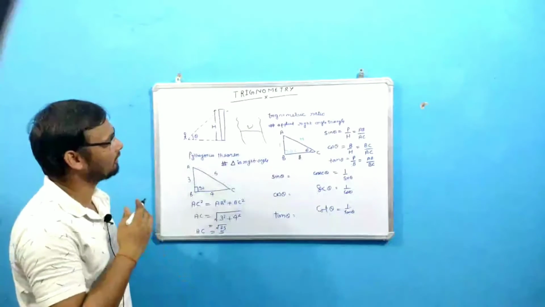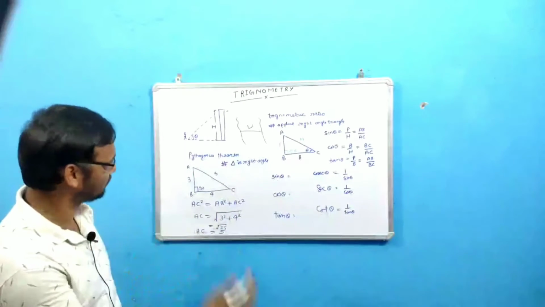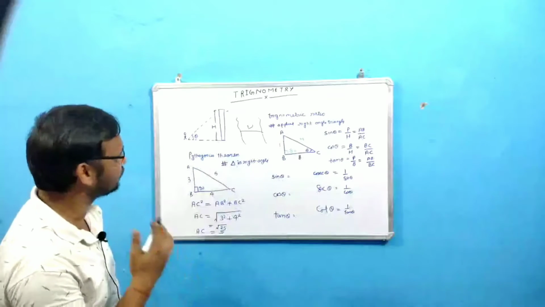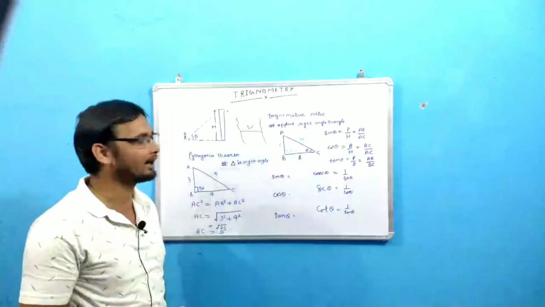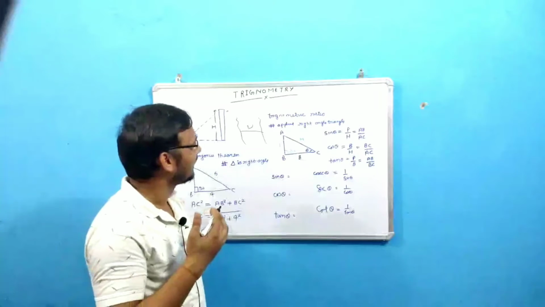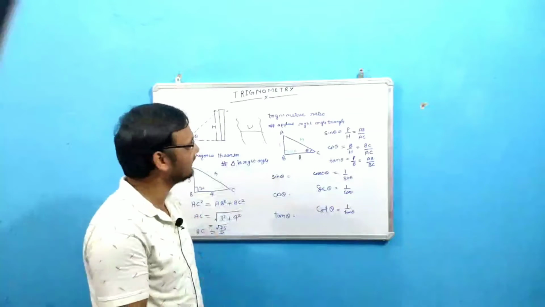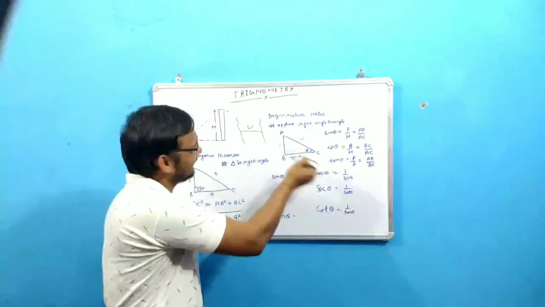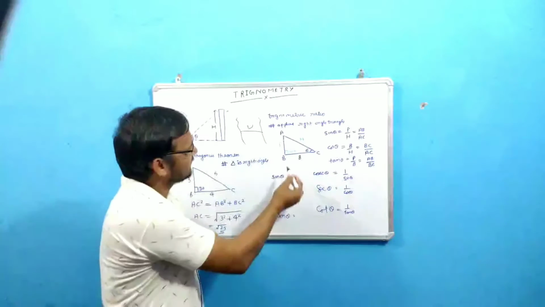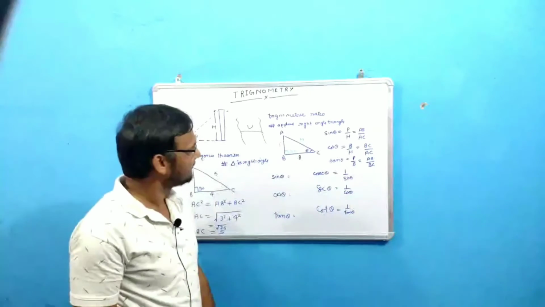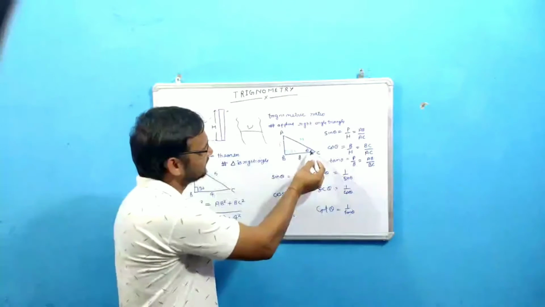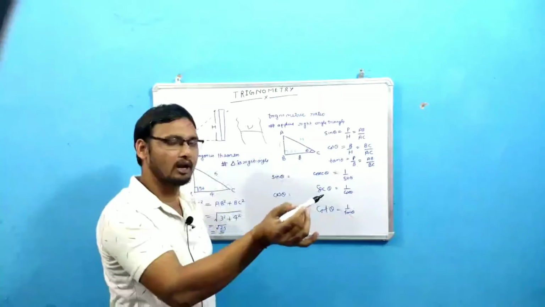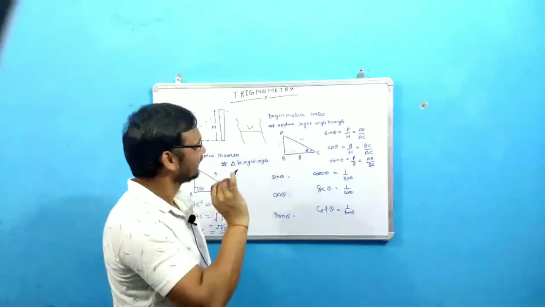Then we can talk about trigonometric ratios, because the Pythagoras theorem is applied in trigonometric ratios, and trigonometric ratios are applied on a right angle triangle. This ABC is a right angle triangle, and B is the 90 degree angle. Theta represents the inclination of any side.